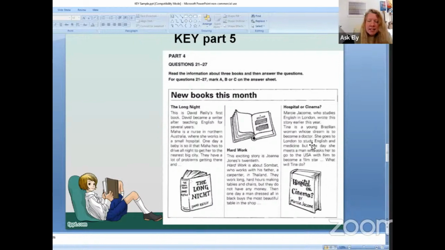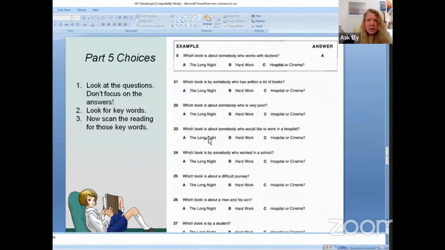So she's studying medicine, but she meets someone. The question is, which book is about somebody who would like to work in a hospital?